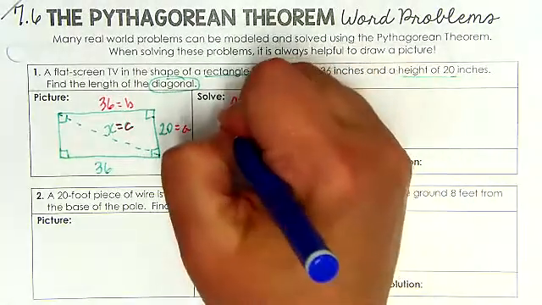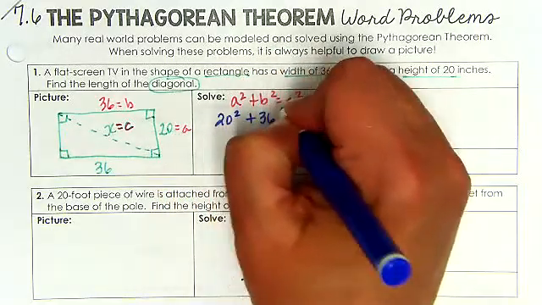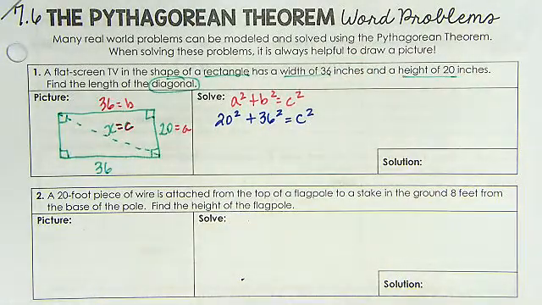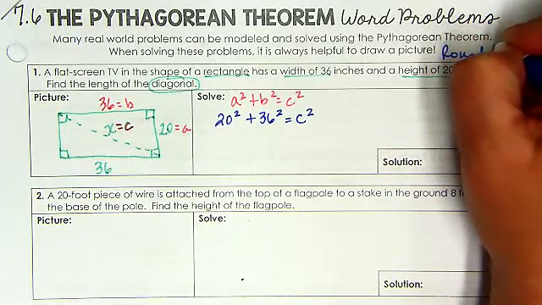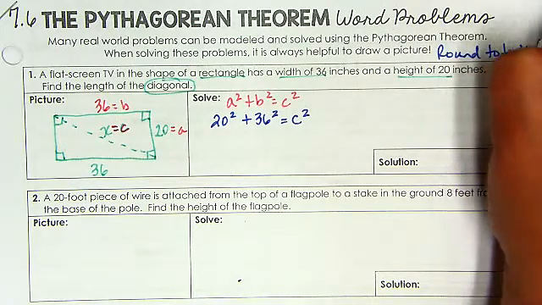And we're going to have 20 squared plus 36 squared equals C squared. And it still applies. We round to the tenths.